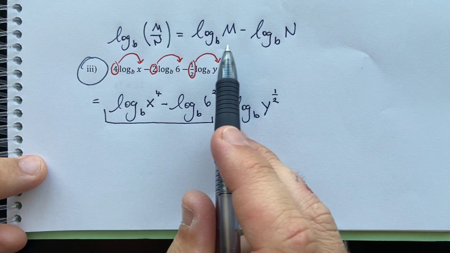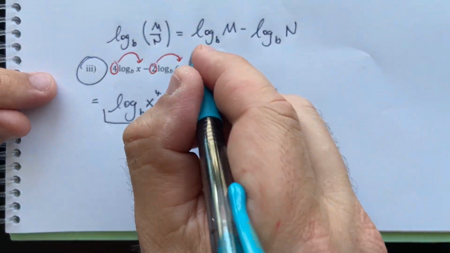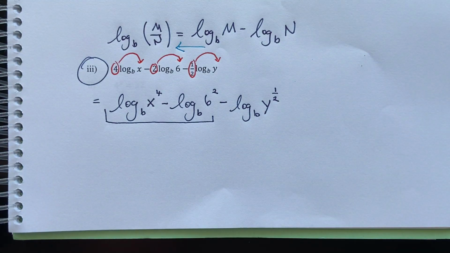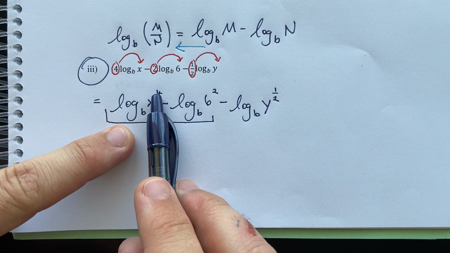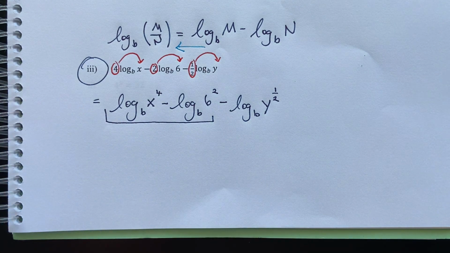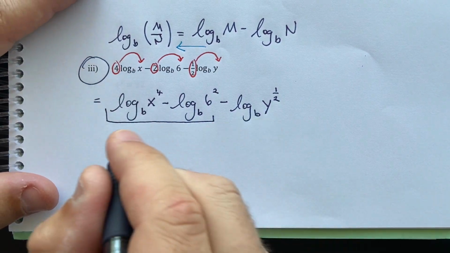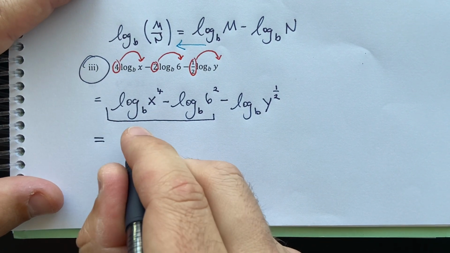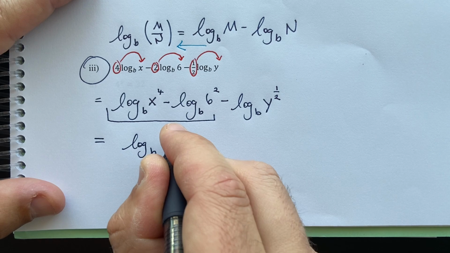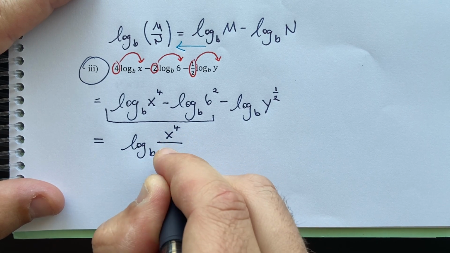So I'm using it this way, in this condensed direction. So I'll have x to the fourth over 6 squared, which is 36, and I'll just write it as 36. So this is equal to log base b of x to the fourth over 36.